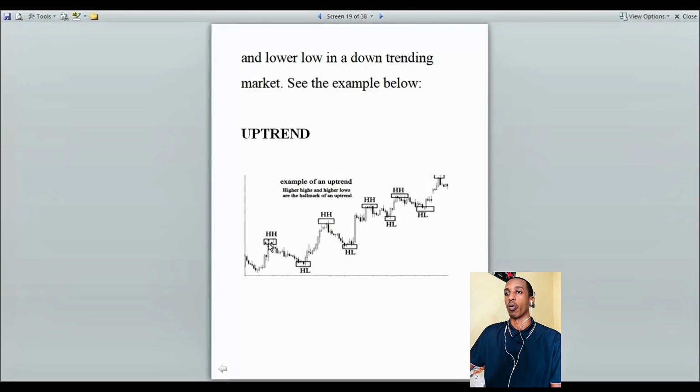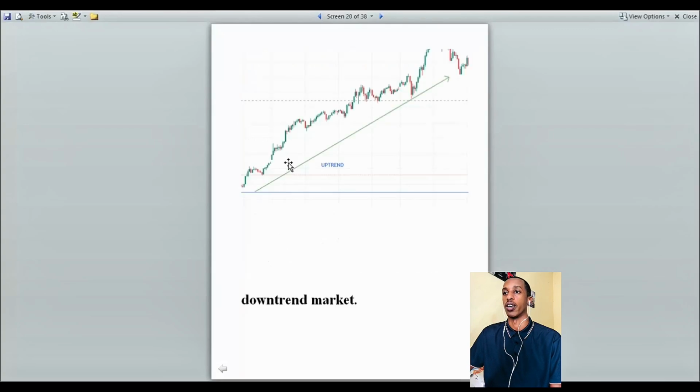Whenever you see a market making a higher high, then a retracement to a higher low, then another higher high and another higher low, this is a clear indication that we are in an uptrend. This is an example in the chart where we can see the market making the uptrend: higher high, higher low, repeatedly. This is how it is in the market.